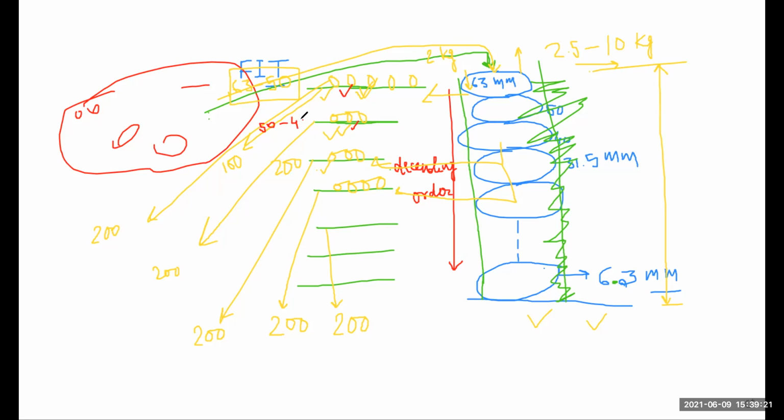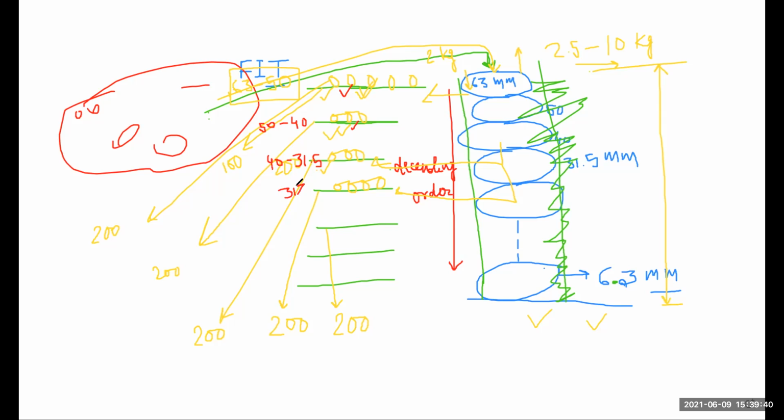Also the aggregate which is passing from 40 and retained on 31.5, we take here. And this is passing 31.5 and retained on 25.